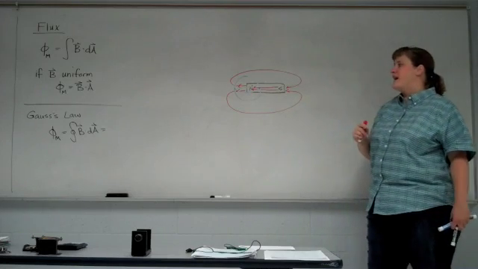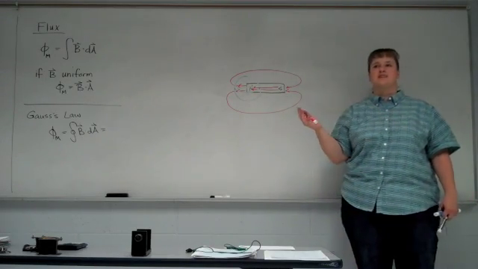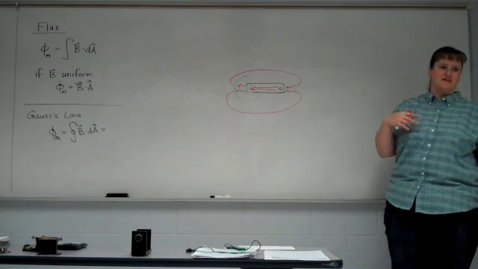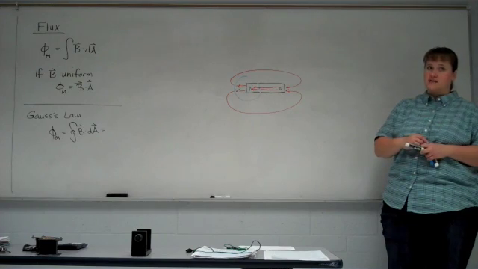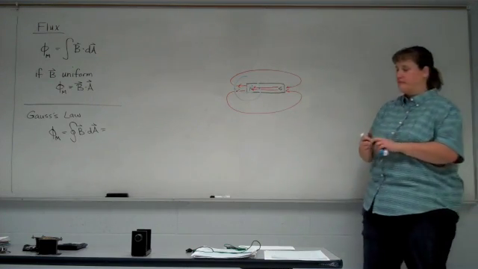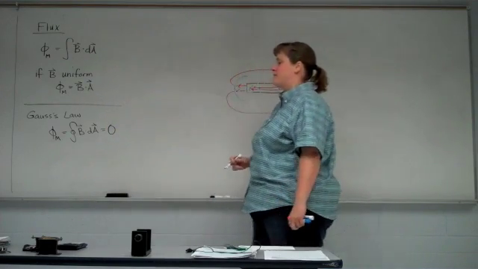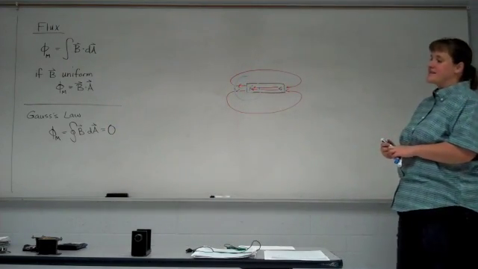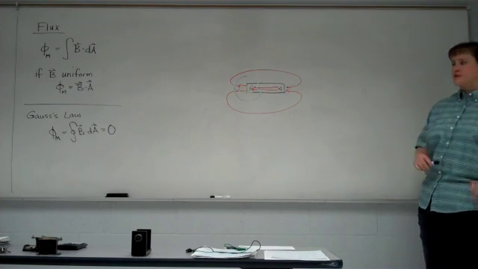Whenever we have magnetism and we're looking at Gauss's law, we will always have the same number of lines leaving as entering. So the net flux is always 0. And that's why this equation isn't particularly helpful in finding magnetic field. It's always going to equal 0.